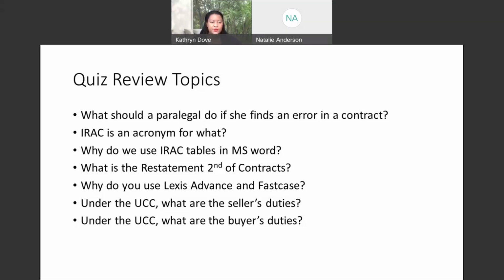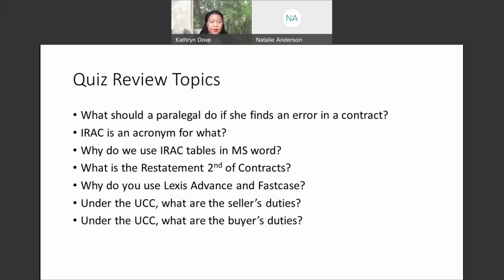Okay. Last week we talked about the Uniform Commercial Code again. The UCC has special rules for contracts for the sale of goods to uphold these consumer commercial transactions. Under the UCC, the seller has special duties to deliver the goods, deliver conforming goods, to cure any errors if necessary, and to accept payment for the goods.